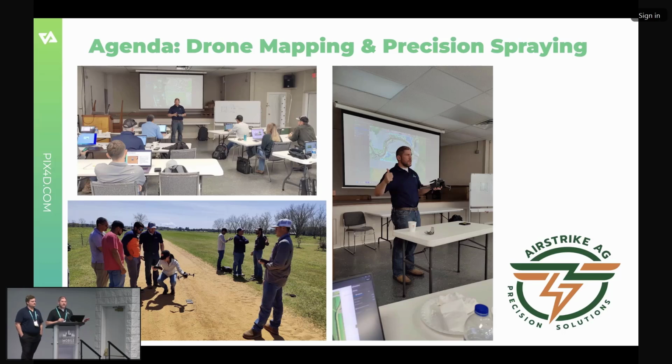Pix4D Mapper takes a while and it makes point clouds, and it does have some ag tools in it, but Pix4D Fields is a newer software with a different philosophy for operation. It's much faster, and it processes still locally on your computer. It just doesn't take nearly as much time.